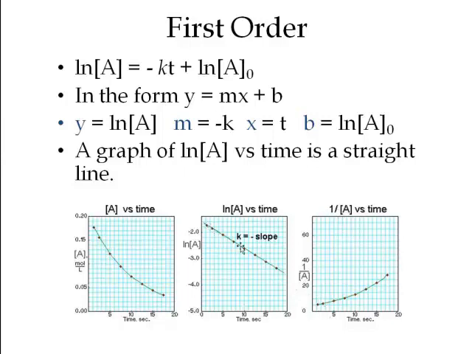A straight line is good, because finding the slope of a straight line is much easier than finding the slope of a curved line. Looking at the way the rate law is written, it looks just like a straight line equation from your math classes, y = mx + b. Here y is the natural log of the concentration, m is negative k, x is time, and b is the natural log of the initial concentration.